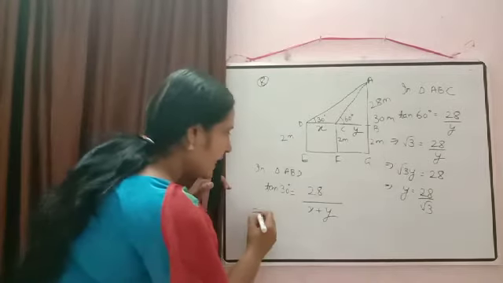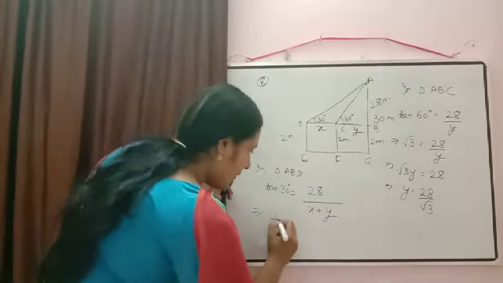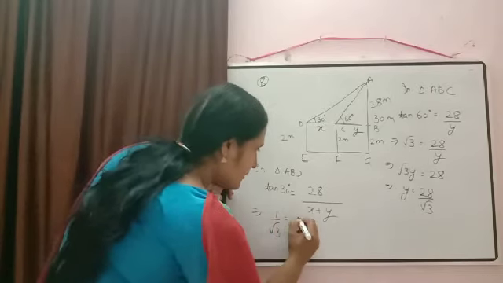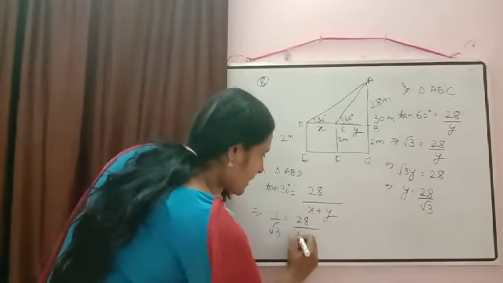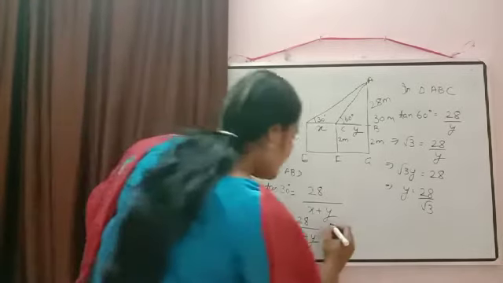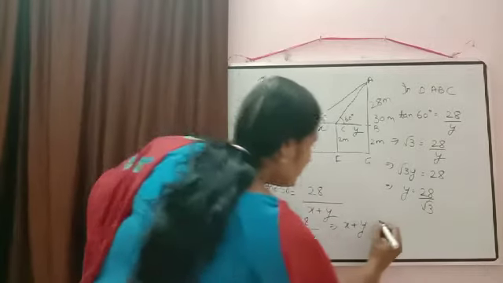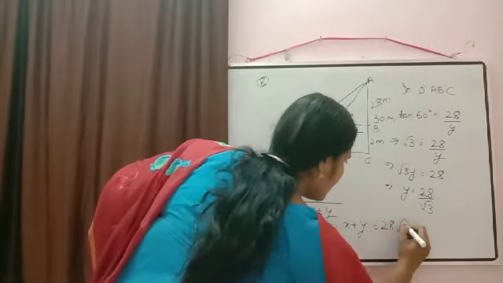What is tan 30 degree? Tan 30 degree is 1 by root 3, equal to 28 by x plus y. Can we do cross multiplication? Then we will get x plus y is equal to 28 root 3.